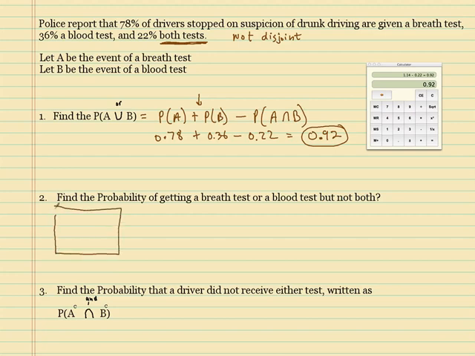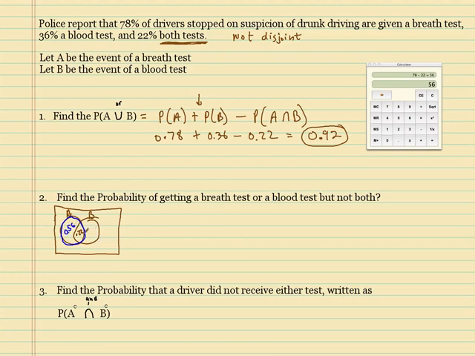So if you look at a Venn diagram, set it up. Start with the middle, 22. This is going to be A, and this is going to be B. This whole A has to add up to 78, so you just do 78 minus 22, which would be 56.